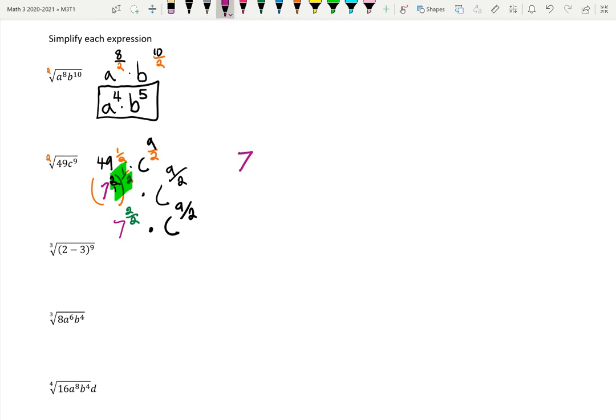Now, for 9 over 2, you got to ask yourself, well, how many times does 2 go into 9? 2 goes into 9 4 times. I go around the world, and I know that c to the 9/2 is going to be equivalent to c to the 4 and 1/2. So what I can do at this point is rewrite it to be 7 times c to the 4th.